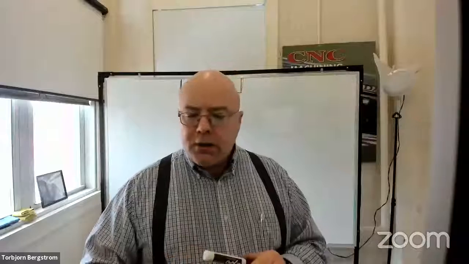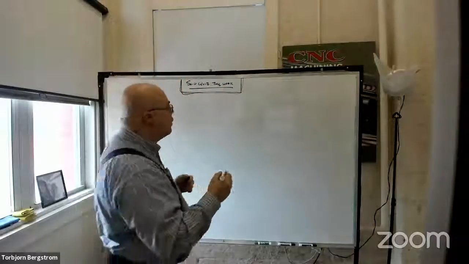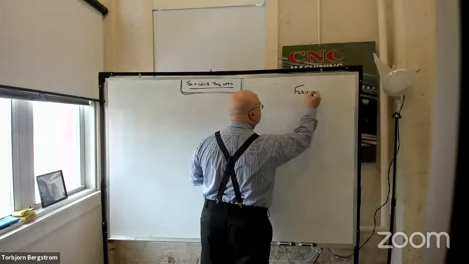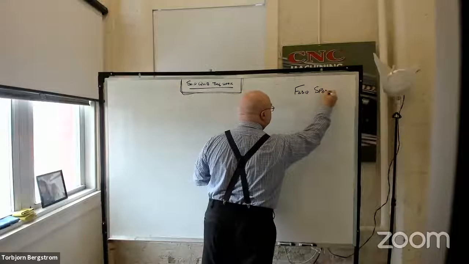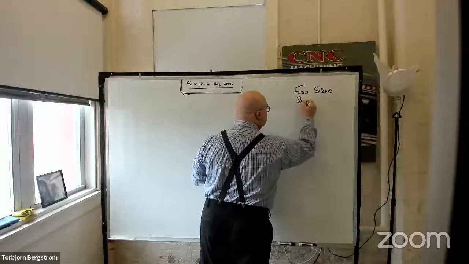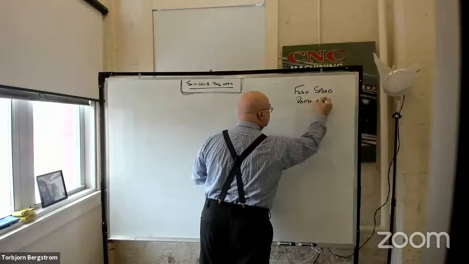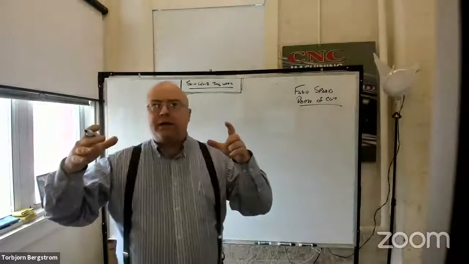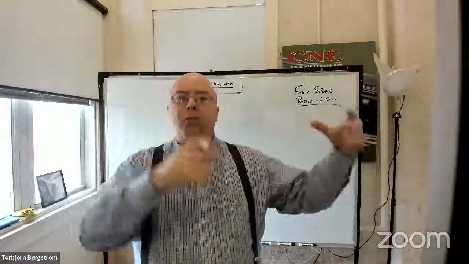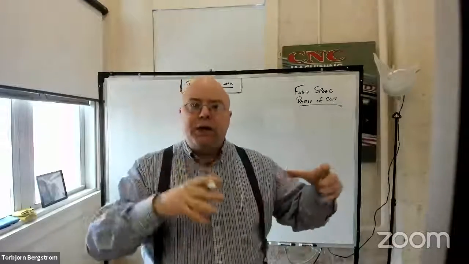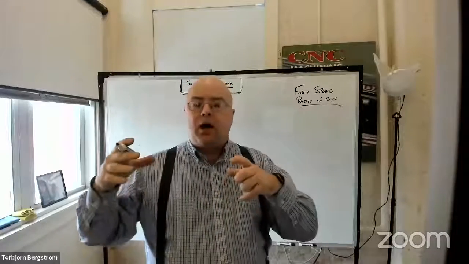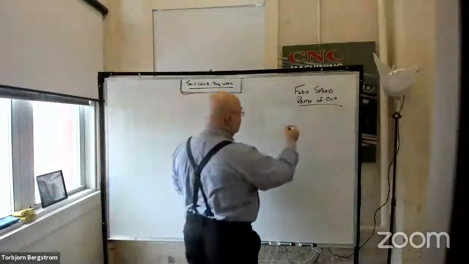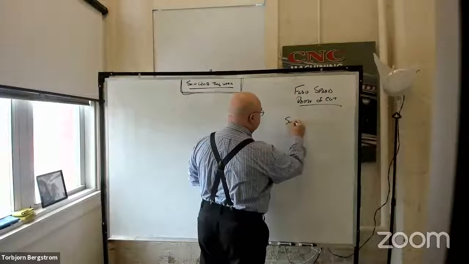So we know that the feed, speed, and depth of cut are important. We know that the simpler model to start with would be the one where we're doing a turning operation. And we know that we can model surface roughness.